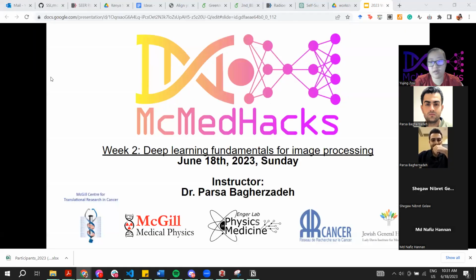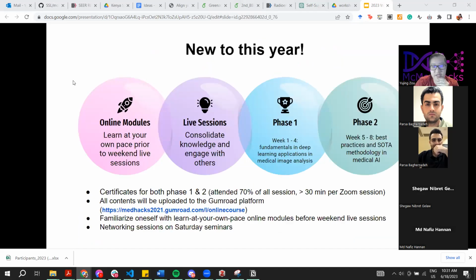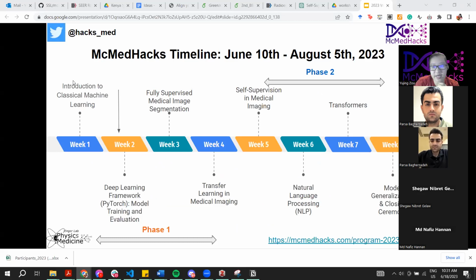Today is June 18th. This is the first deep learning fundamentals workshop that we're going through. Again, if you have questions, please feel free to email us. And I hope you at this point have some familiarity with classical machine learning, as well as the basics of image pre-processing from what we have provided on the Gumroad platform. So today is the first official workshop where you'll have experience with PyTorch, as well as some of the theory behind it.